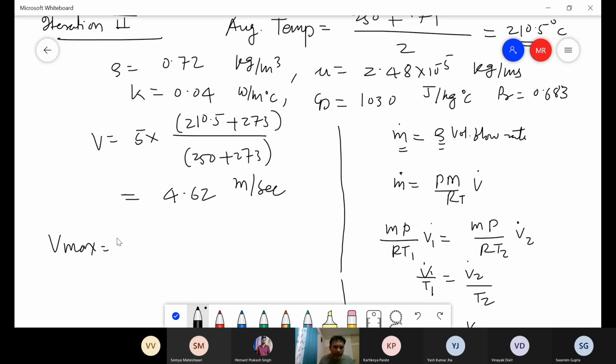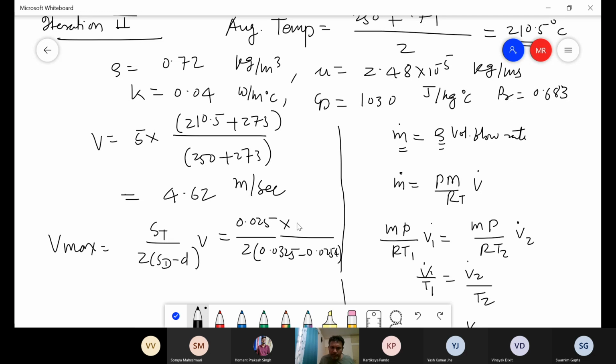Now based on this I can find out Vmax. Vmax in this case can be obtained as again ST divided by 2 times (SD minus D) into V. So this is nothing but 0.025 divided by 2 times (0.0325 minus 0.0254), and the numerator is multiplied by 4.62.